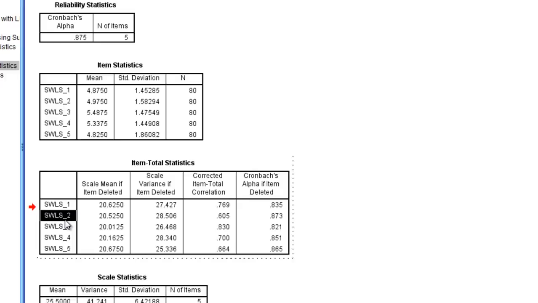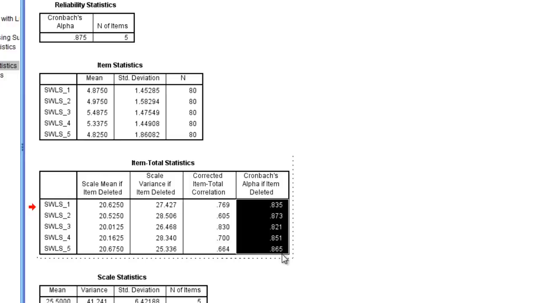But if you're in the process of creating a scale and you saw one of these values really drop, it was much lower than the others, like say number 2 was 0.65 and this scale was brand new, just used in the research you're working on, well, then that's really a good argument for removing item 2 from the scale itself.